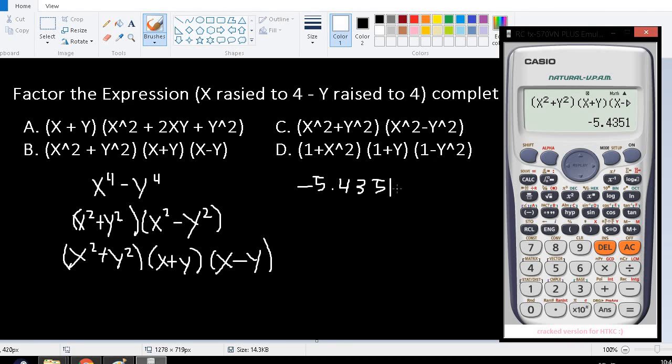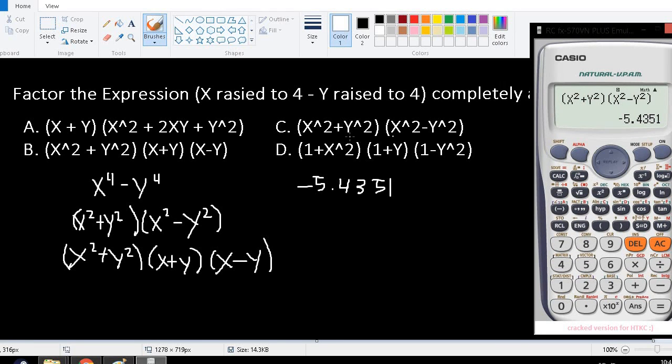But let's still input letter C and letter D to see if we get the same results. Letter C: x squared plus y squared times x squared minus y squared, calc equals. As you can see, you also get the value negative 5.4351.